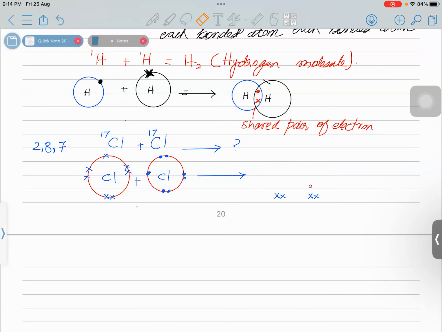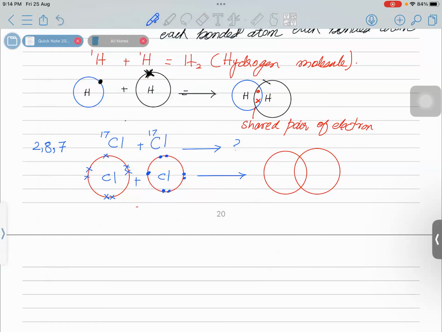So try to make this bonding, right? Now here we have one chlorine atom, and here we have a second chlorine atom.